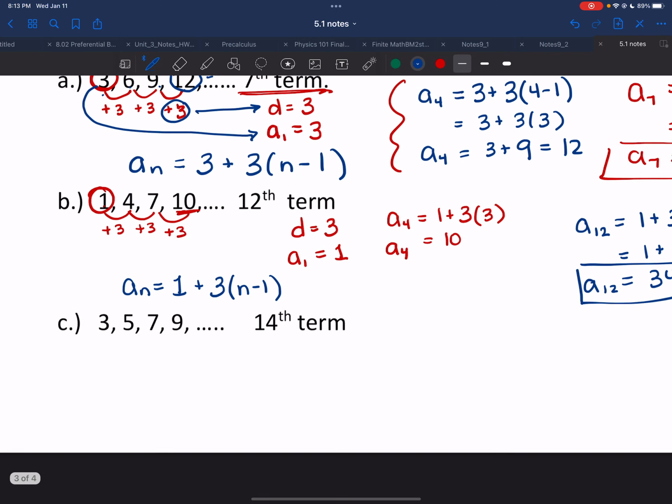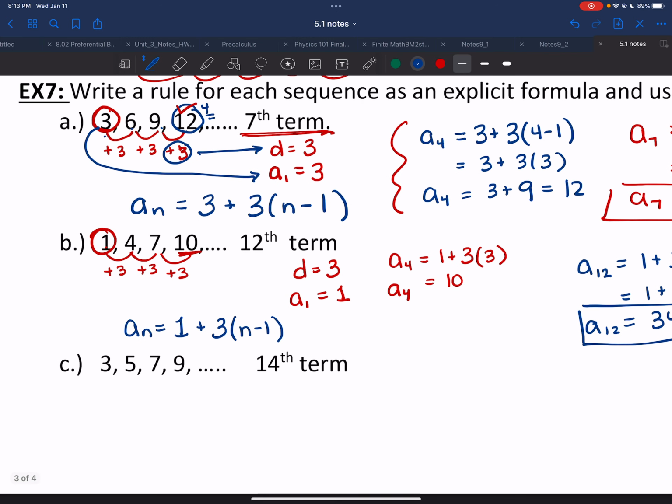All right, last one. From 3 to 5, that's plus 2, 5 to 7, plus 2, 7 to 9, plus 2. At this point, I'm fairly confident, and so I'm not going to do a check on this. So my difference is going to be 2. My initial term is 3, and so I would write my equation a_n equals 3 plus 2 times n minus 1.